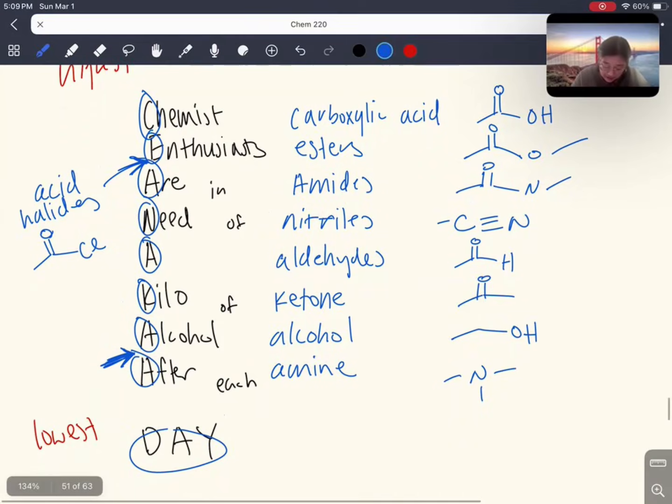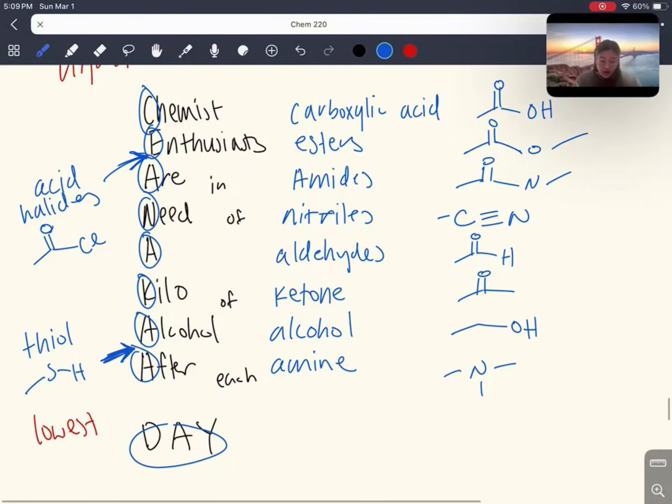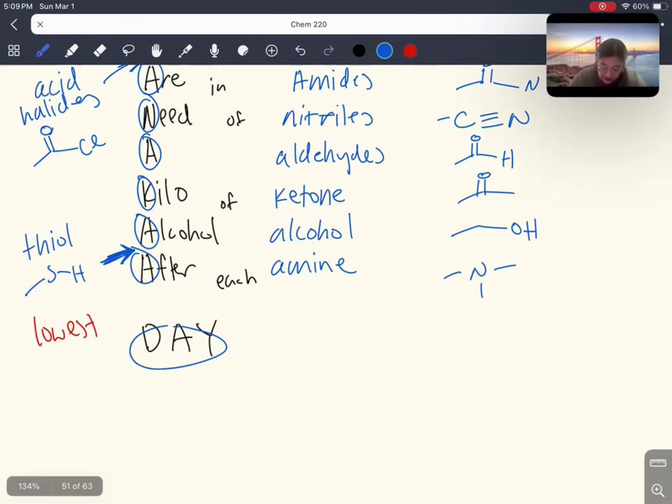Those are SH groups. I like to remember that they're paired near alcohols because alcohols and thiols are very similar functional groups. You just have to remember that alcohols are higher priority than thiols. For day, I remember that D stands for double, which is double bonds, which are alkenes.